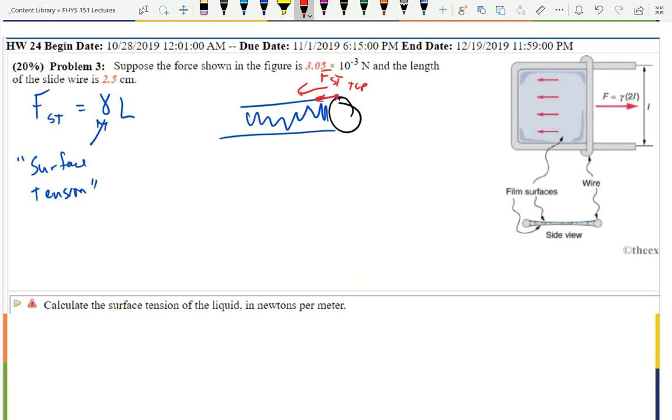Also to the left, because the water is going this direction. Each one of those is going to be equal to gamma times the length of the wire, because that's the equation for the magnitude of the surface tension force. These two vectors are in the same direction, so it's pretty easy to add them up.